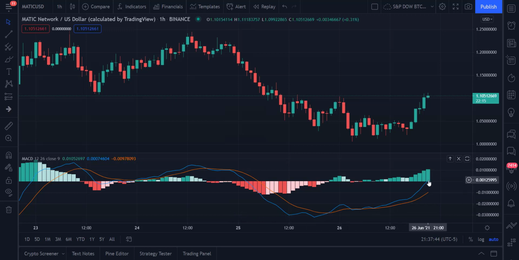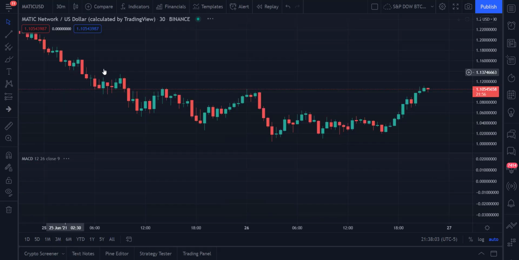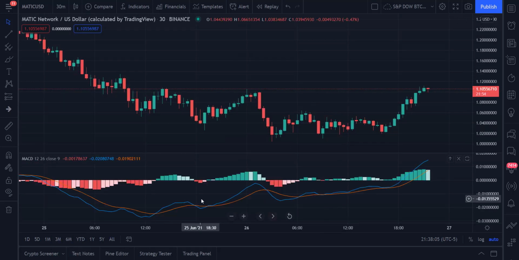It still hasn't crossed above the zero line. So using the 1 hour, I wouldn't necessarily buy just yet, but it is nice to see this pulling back. Of course, given the direction of the overall trend, the one that you see on the daily, it makes me think that this is nothing more than a pullback.